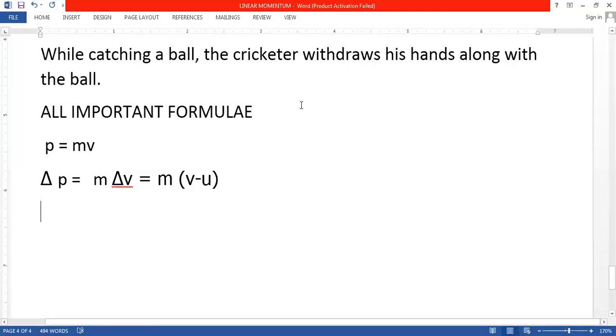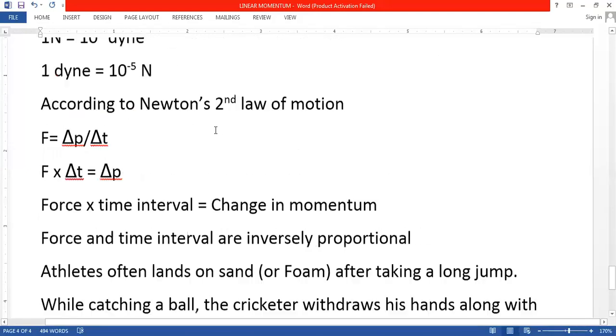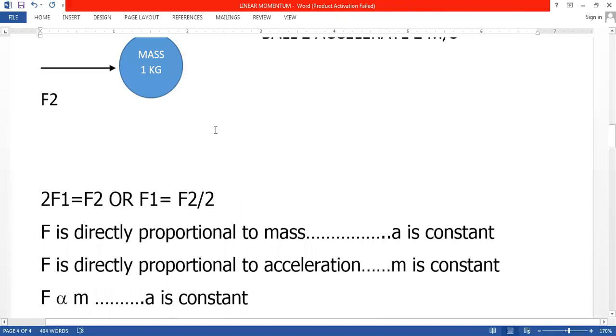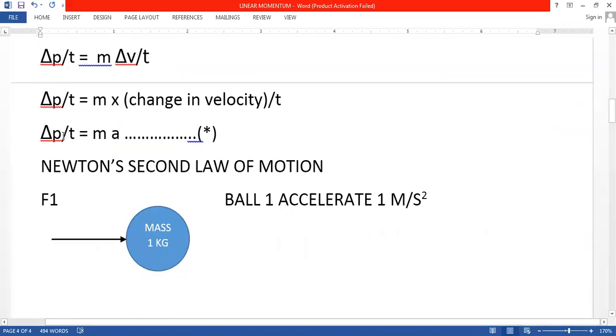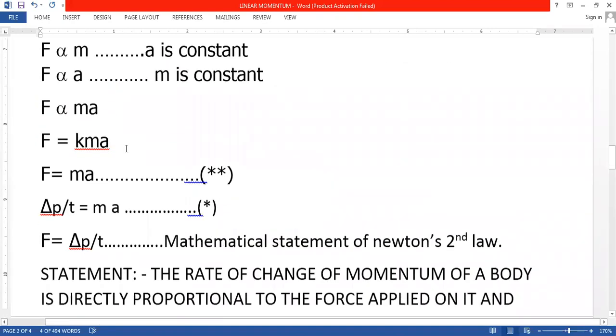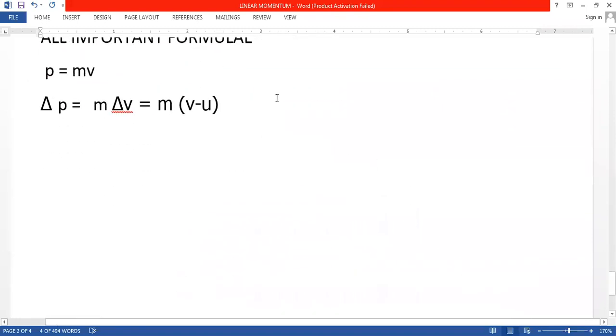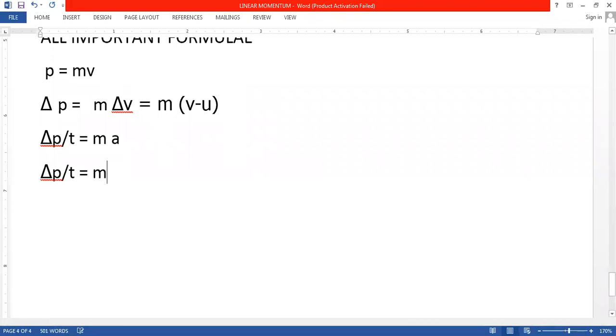Then we have rate of change of momentum. What is rate of change of momentum? We have the next formula here. This is our third formula. Delta P upon T is equal to MA.